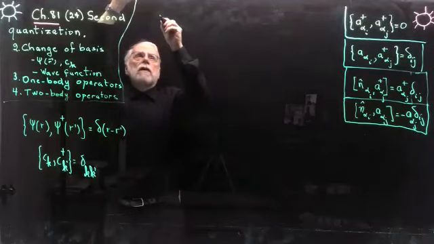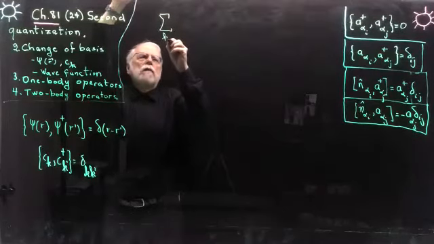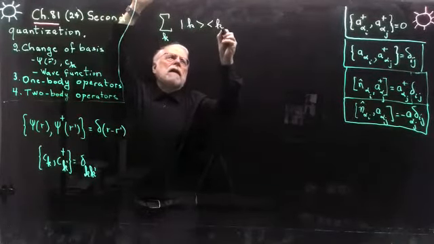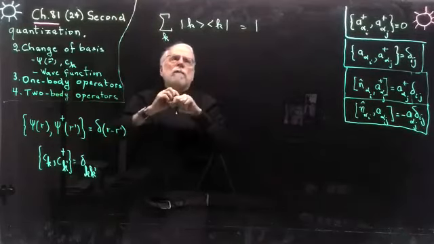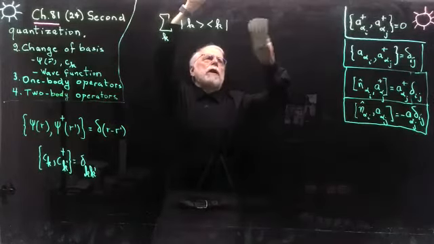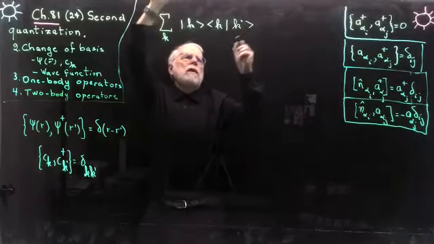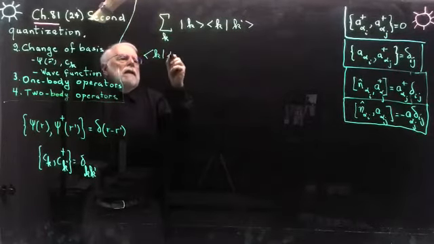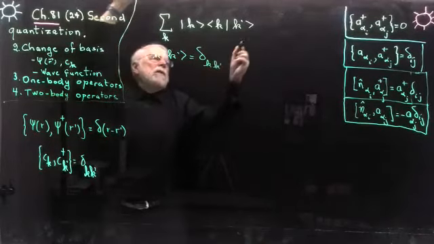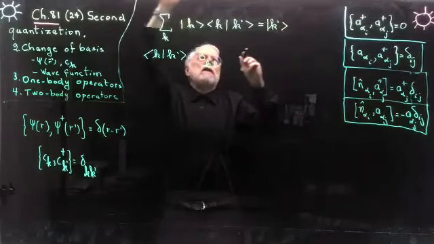If we write the identity like this, sum over k of |k><k| equals 1, then you see that if we multiply here by |k prime> and use that <k|k prime> is delta of k, k prime, you see that this is equal to |k prime>, right?